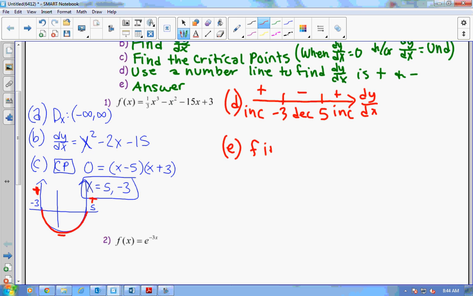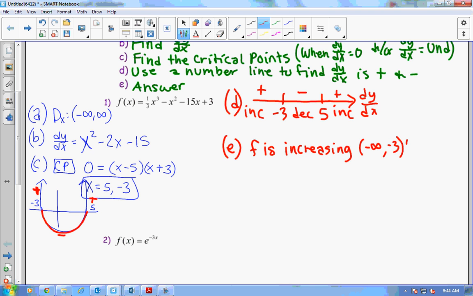F is increasing on the interval of negative infinity to when? Negative 3. What happens at negative 3? So do I do a parenthesis or a bracket? Parenthesis, because it's actually changing between increasing and decreasing.